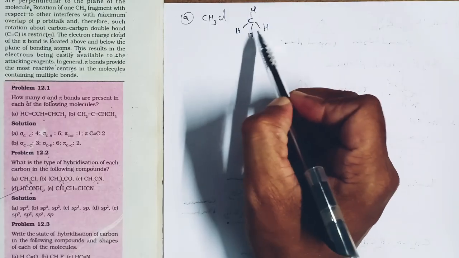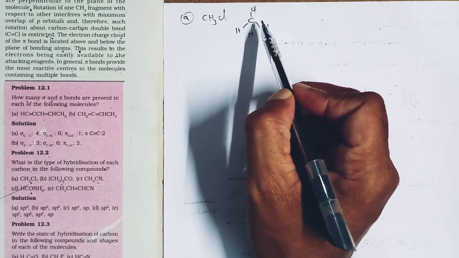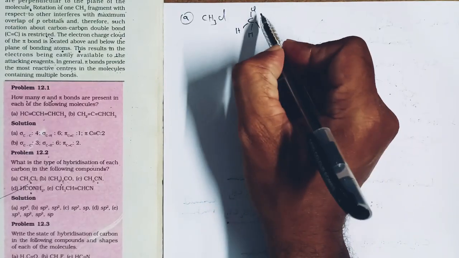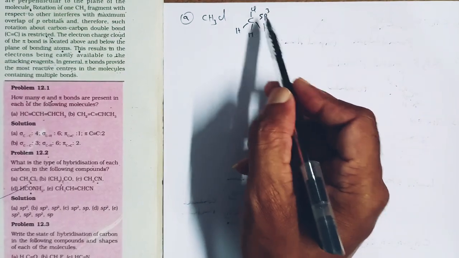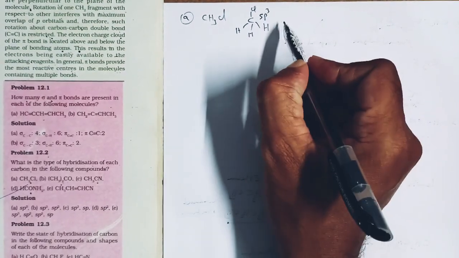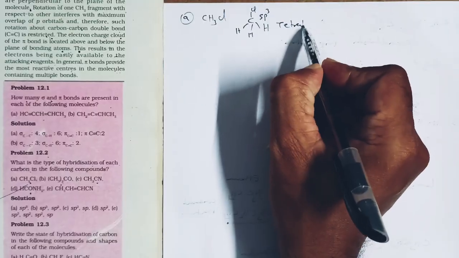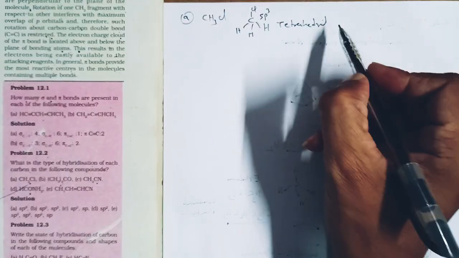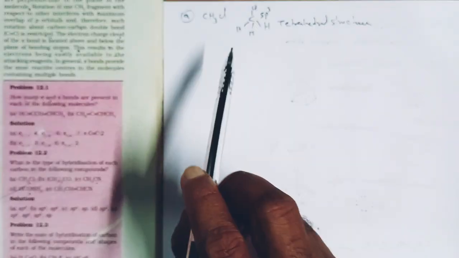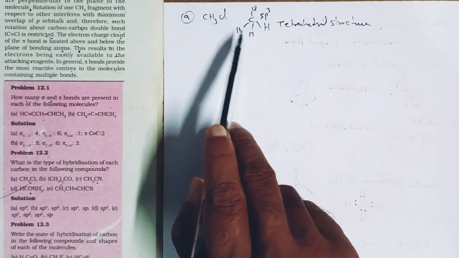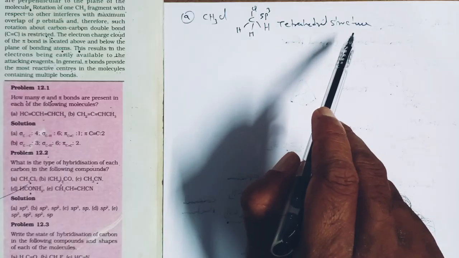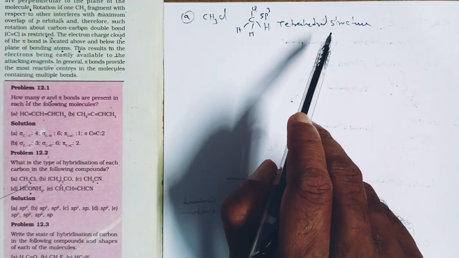If carbon is having all single bonds, then it is sp3 hybridized carbon. And the structure is tetrahedral. So when carbon undergoes sp3 hybridization, the structure formed is tetrahedral. That's what we discussed in the previous classes.